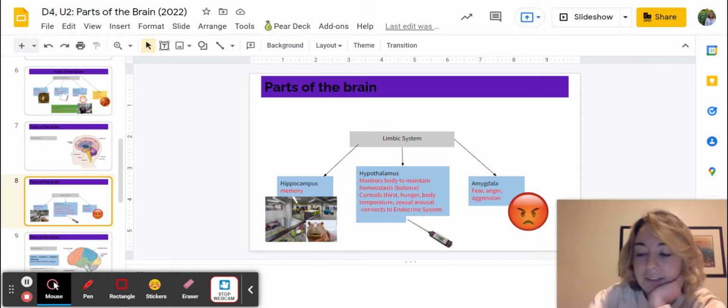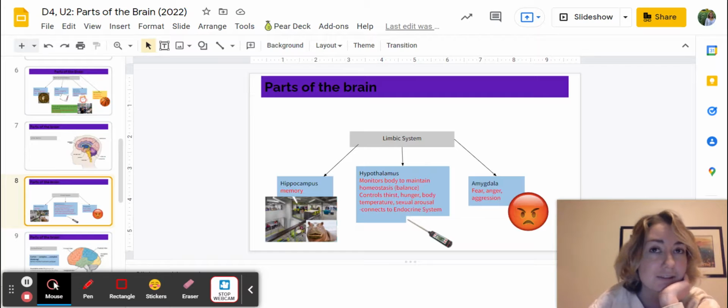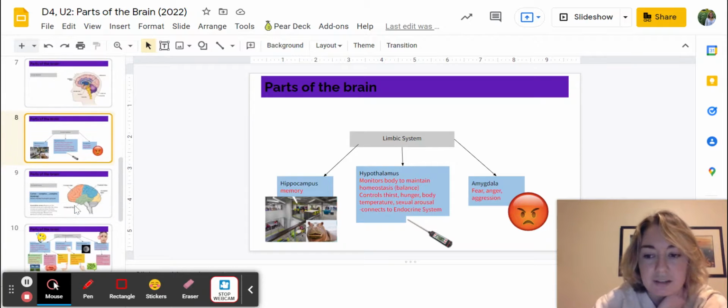So amygdala, very, very important in processing, because if our amygdala is damaged, you're not going to feel fear. And that's problematic. Just like I said, if we don't feel pain, it's problematic for our safety. But if we don't feel fear, we're going to get in really dangerous situations and have our safety put at risk. So amygdala, angry Amy, fear, anger, aggression, processing those things.